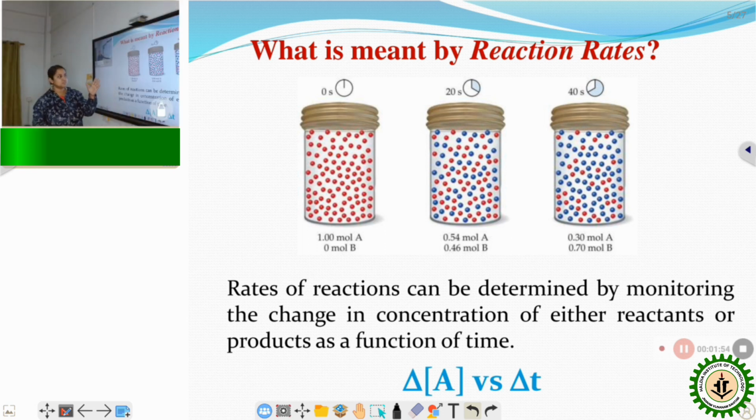That means there is more formation of the product molecules and less of the reactant molecules. So in a very simple way, we can say that the rate of reaction is basically the change of concentration of the reactant molecule with respect to time.